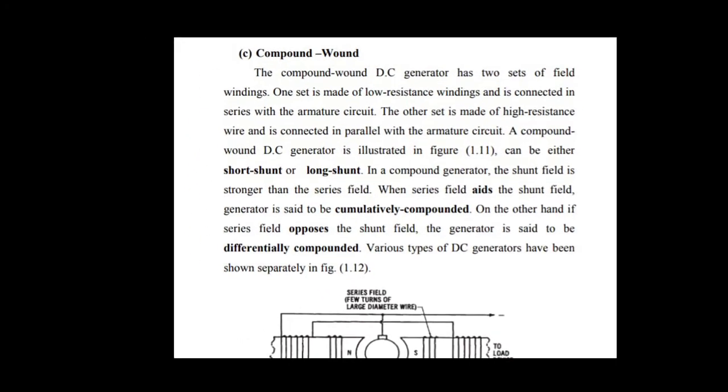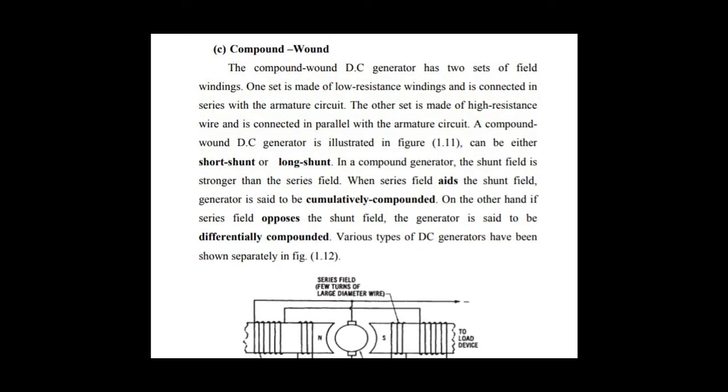So this is the compound generator. A compound DC generator has two sets of field windings. One set is made of low resistance winding and is connected in series with the armature circuit. The other set is made up of high resistance wire and is connected in parallel with the armature circuit.